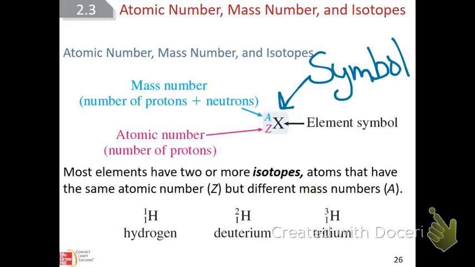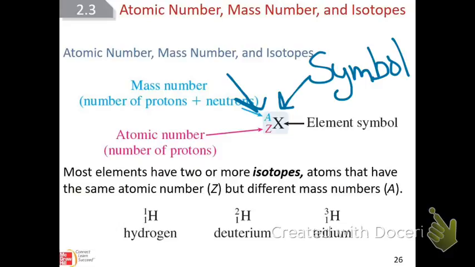And so then the A up top here is representative of the mass number, which is never going to be on the periodic table because the number of neutrons can change. Now, according to Dalton's atomic theory, it was always going to be identical.